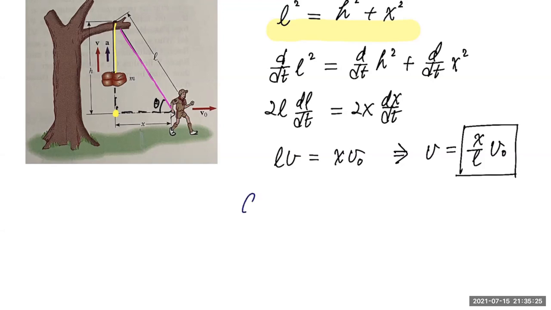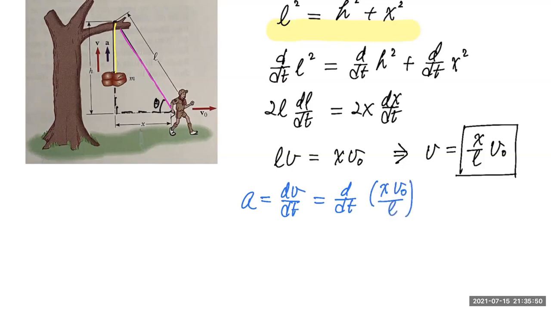So we write a as dv over dt. But v itself is x over L times v naught. So that's d/dt of x v naught over L.